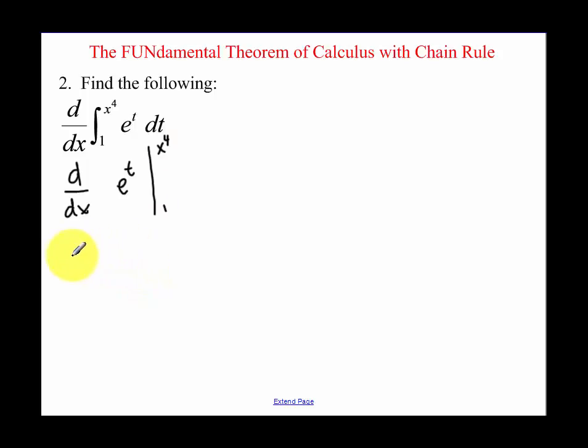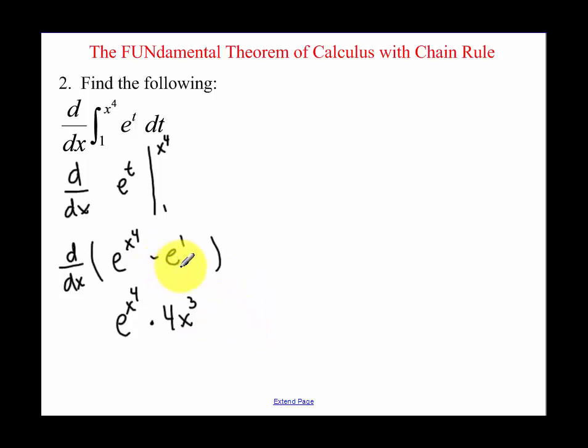Now, let's find the derivative of that. So we have e to the x to the 4th minus e to the 1st. Now when I take my derivative of e to the x to the 4th, I have the derivative of the outside function, which is e to the x to the 4th, times the derivative of the exponent, which is 4x to the 3rd.